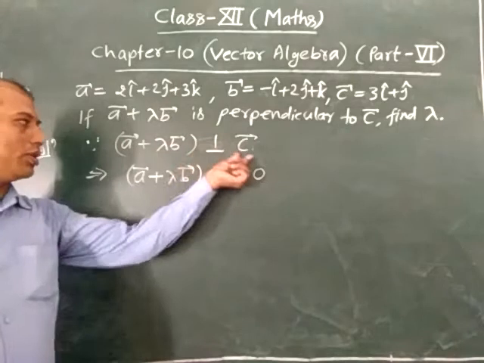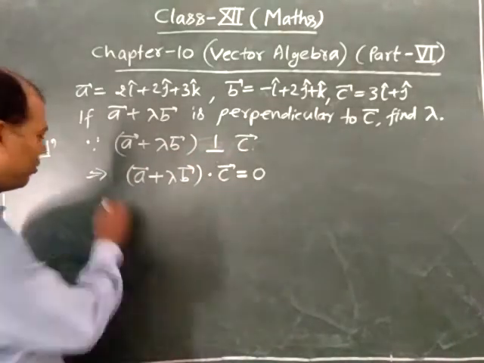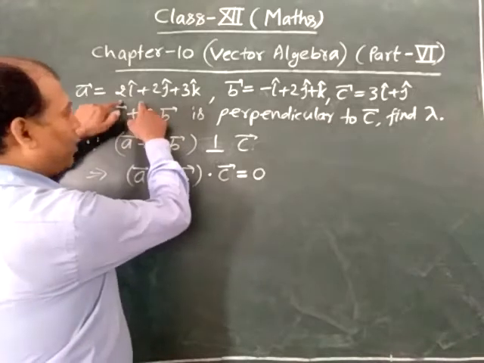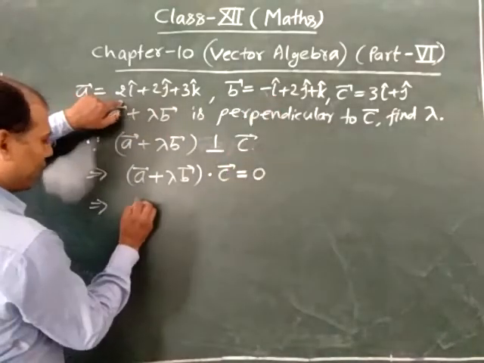So the dot product of these two vectors becomes 0. Now A plus lambda B, A is added with lambda times B. So what do we get?